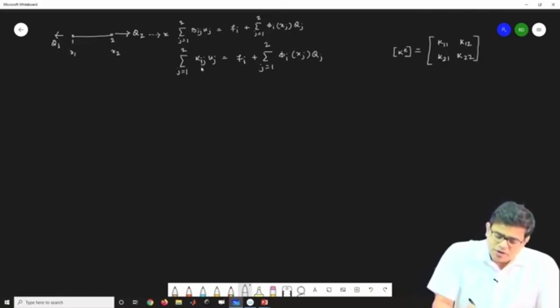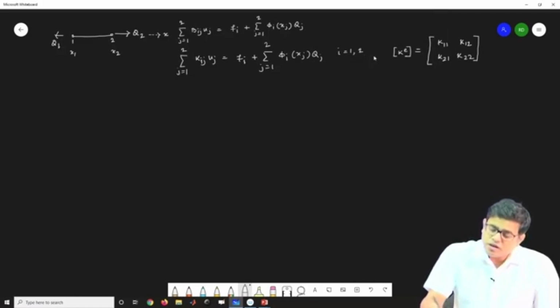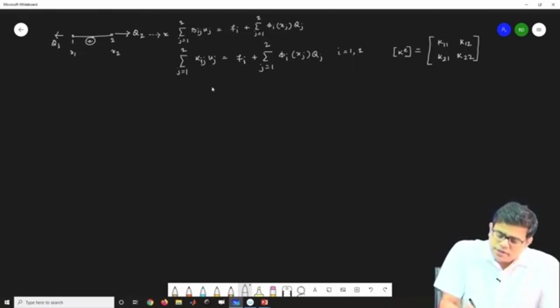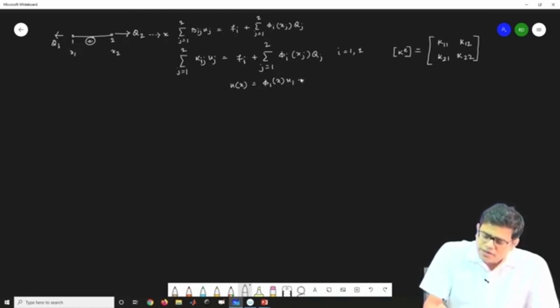How is it coming? Because i runs from 1 to 2, we have 2 equations for each single element, which can be any element E. Now, if you remember the approximation, u of x was phi 1 x u1 plus phi 2 x u2.